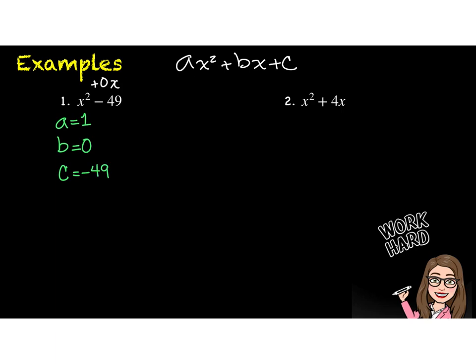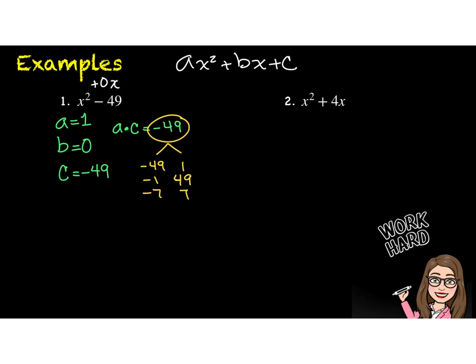Okay, now we're going to follow my steps. My first step is multiply A times C. So in this case, 1 times negative 49, negative 49. Then we need to look for the factors of negative 49, numbers that multiply to give you negative 49. So that will be negative 49 times 1, negative 1 times positive 49, and then negative 7 times positive 7.